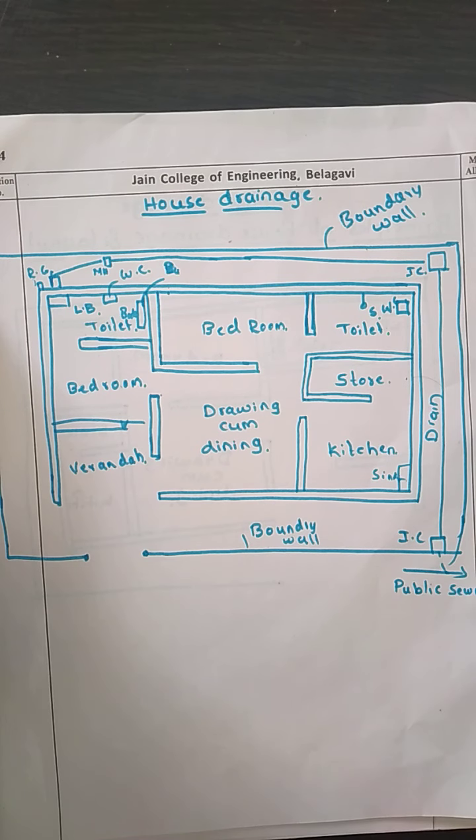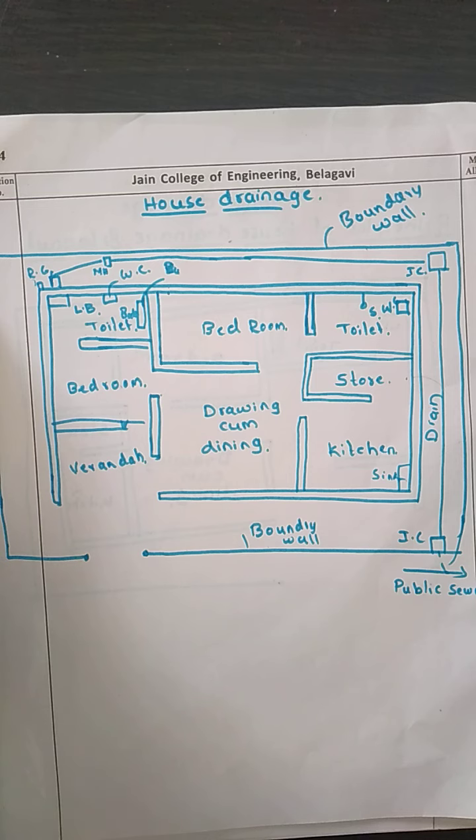When we look at house drainage, we need to see what drainage is, what we mean by it, why we need to provide house drainage, and what principles apply. So in today's class we are going to discuss what house drainage is, what its principles are, and how it can be maintained.